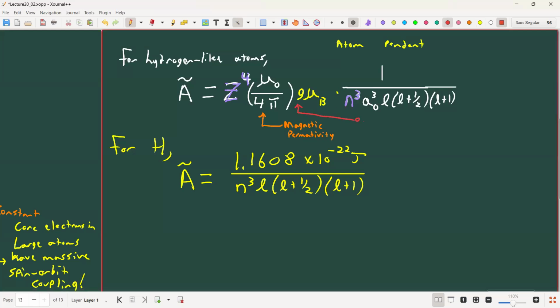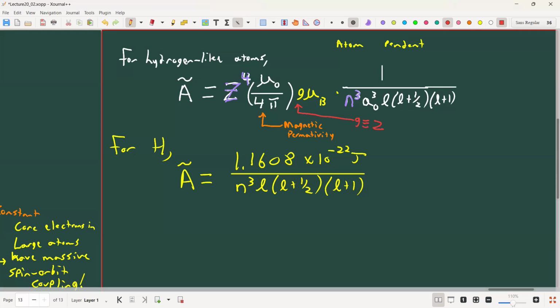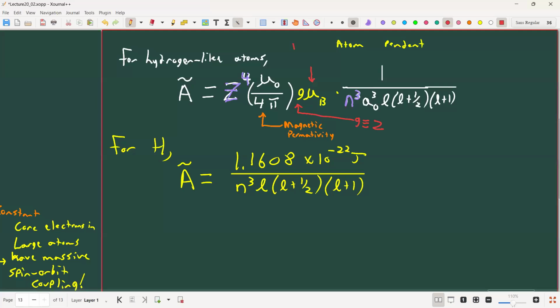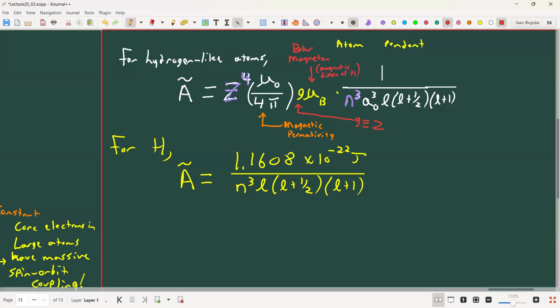G here is what's called the g factor, and it's basically 2, right? It's just the number 2. And this is what's called the Bohr magneton, the magnetic dipole of hydrogen. Okay.